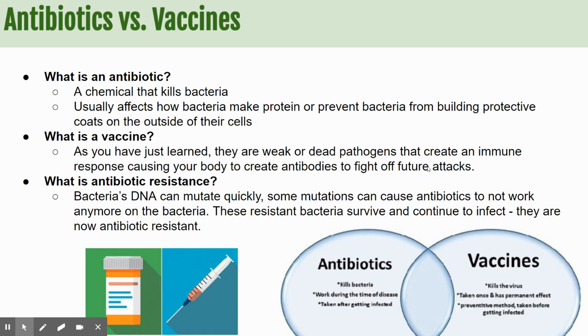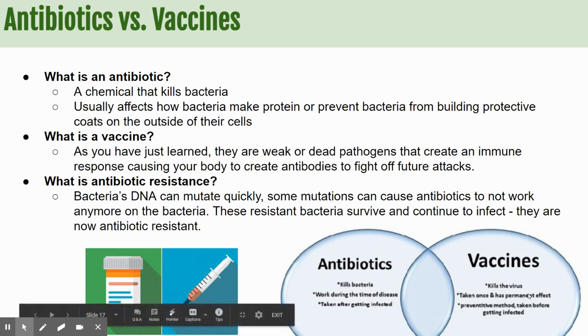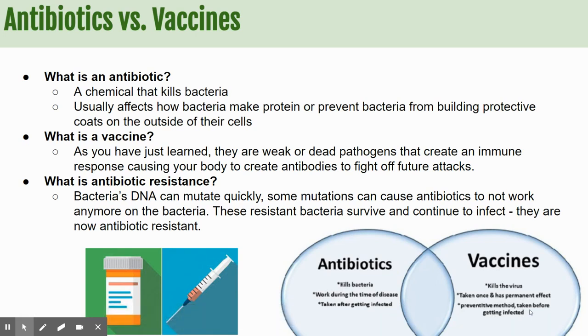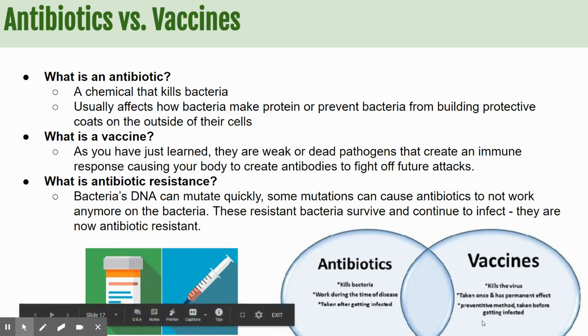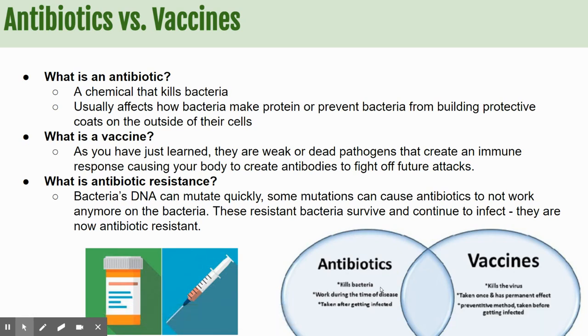All right, and vaccines are for viruses. You take it once, it's got permanent effects. Usually, you might have to do some boosters later on. So it's a preventative thing before you actually get the virus. Whereas antibiotics, you don't take until you actually have the bacteria in your body, and you take it after you've gotten infected.